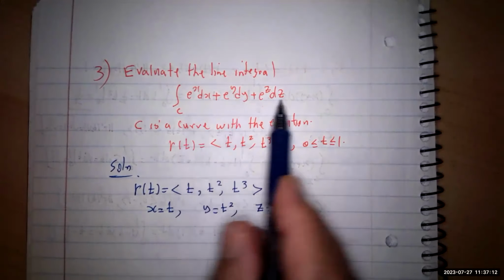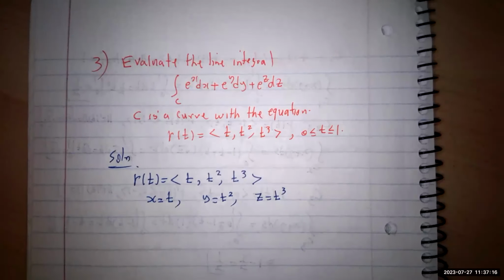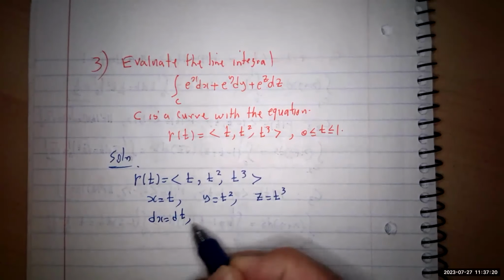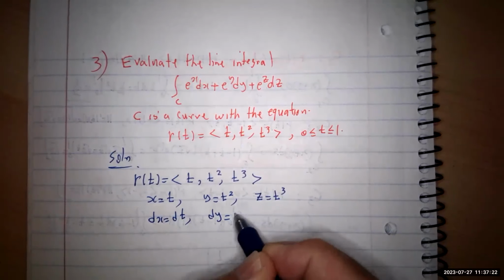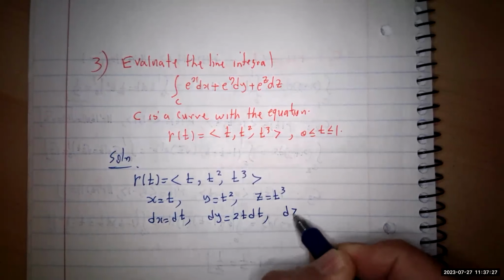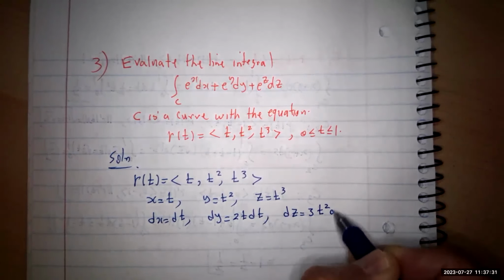Since you're working with the differential, you have to find the differential of each one too. So that gives you dx is equal to dt, dy is equal to 2t dt, and dz is equal to 3t squared dt. That's it.